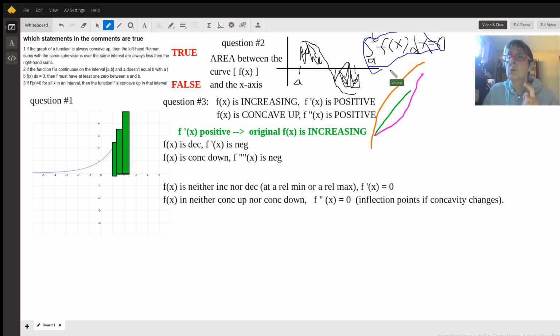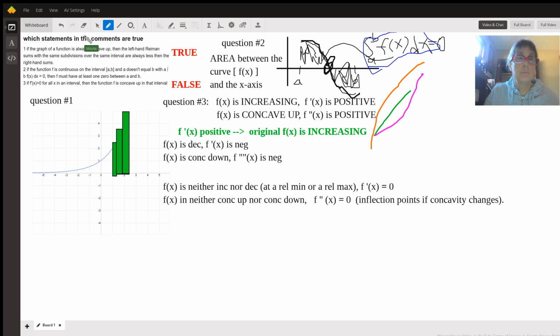Because this integral represents the area between this function right here. Here's the function. And so this would be your at least one 0 right here where it crosses the x-axis.